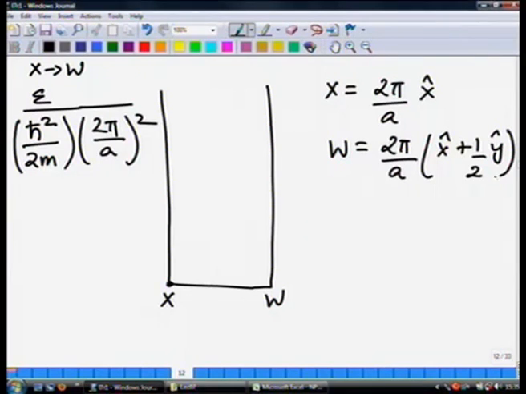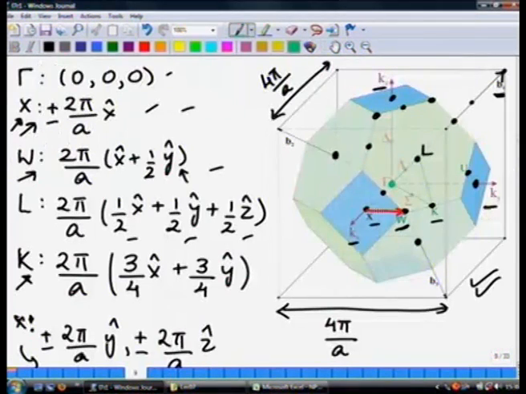So if I want to go from the x point to the w point, if I look at it this way, here is gamma, here is x, here is w. I want to go from here to here. Let's just plot it out.